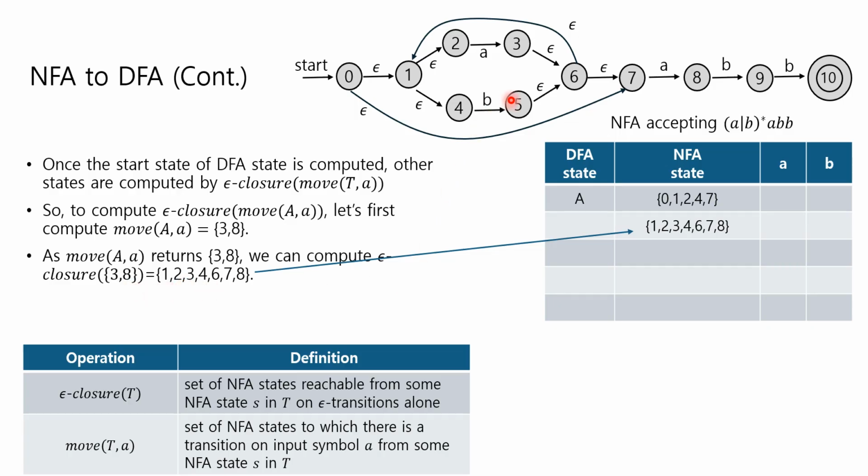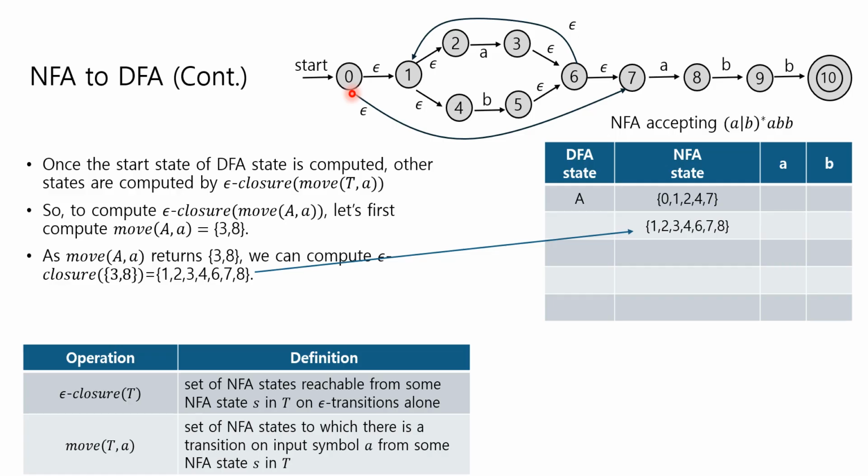So let's first compute the epsilon closure of 3. It is the set of NFA states which are reachable from state 3 on epsilon transitions alone.